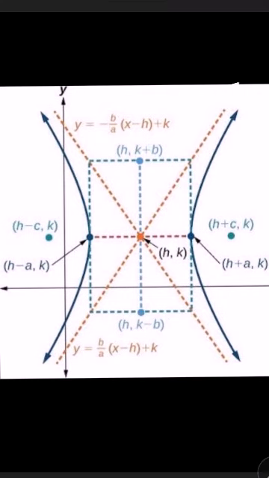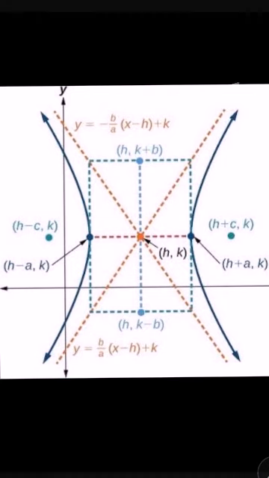So the vertex will change to (h plus a, k), while the foci will change to (h plus c, k). Also for the negative side, the foci is given to be (h minus c, k), while the vertex is (h minus a, k).